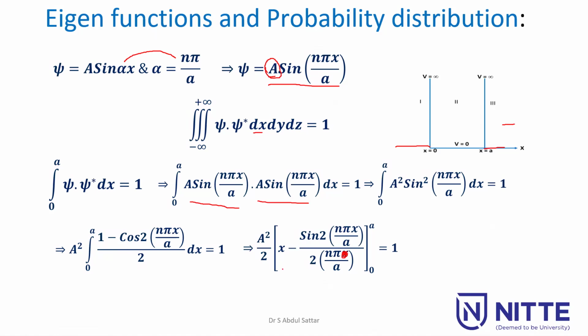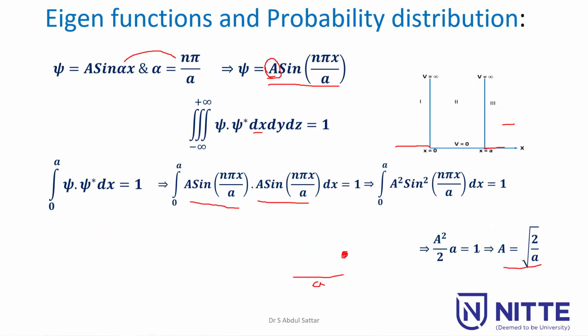So finally we are having only a. So that becomes A square by 2 into a equal to 1. So this implies A equal to root of 2 by a. So what is the final wave function? The final wave function is just replace this A with root 2 by a.